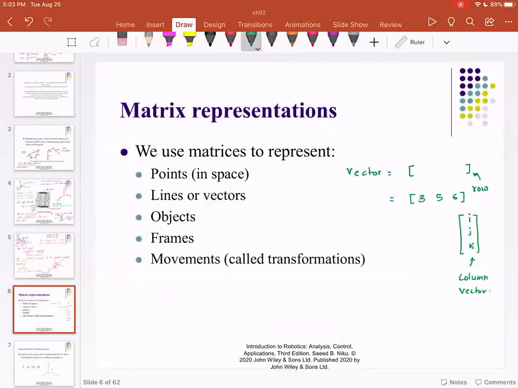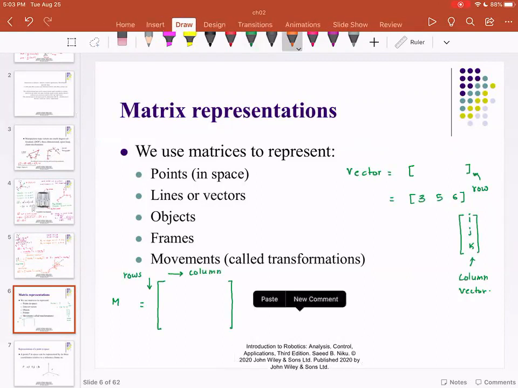Now, when you have two or more vectors stacked together, what you have is a matrix. So the matrix would look something like this. So this is M, and the matrix would have rows. So these are rows, and they will have columns. A simple matrix would have this as the first row, first column, first row, second column, first row, third column.